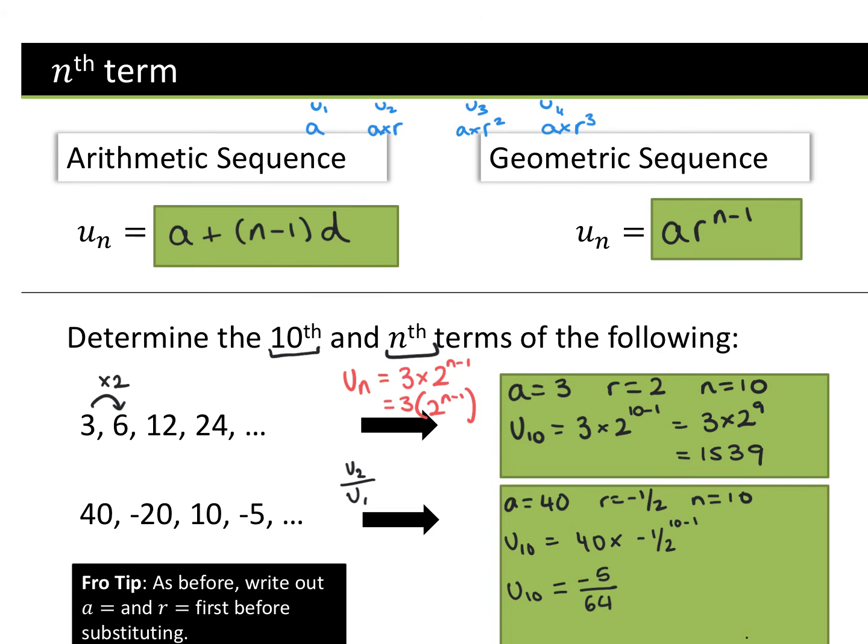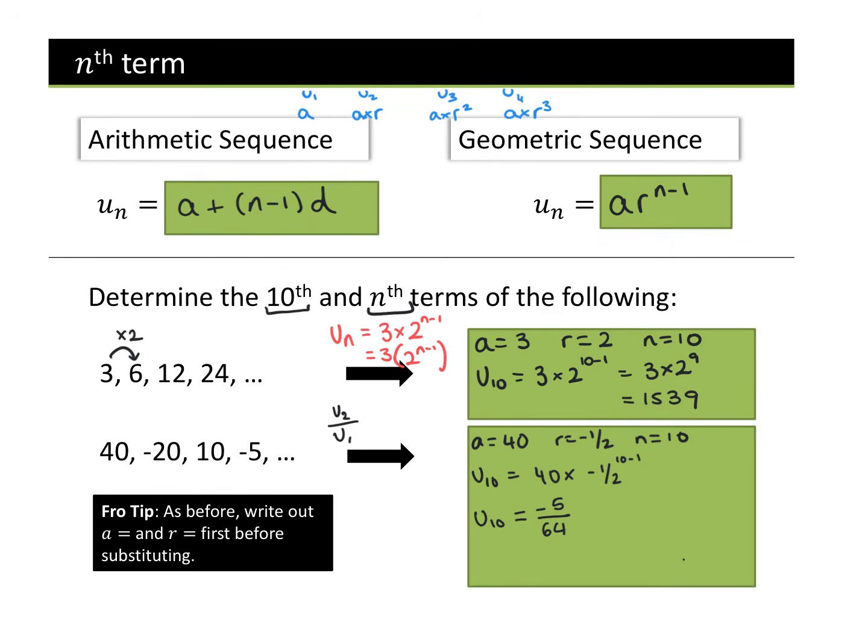Now, that means that my un equals 40 lots of negative a half to the power of n minus 1. Okay?